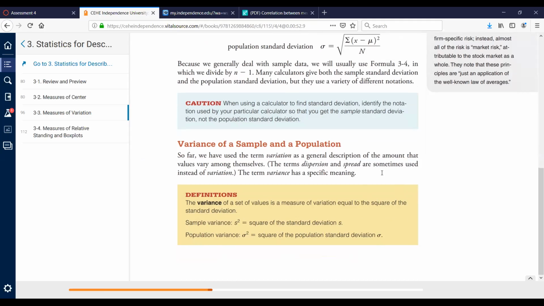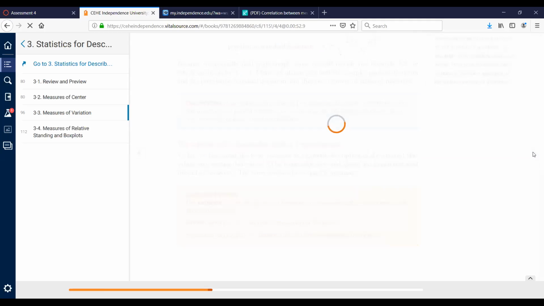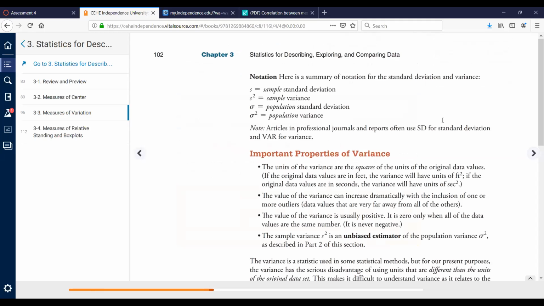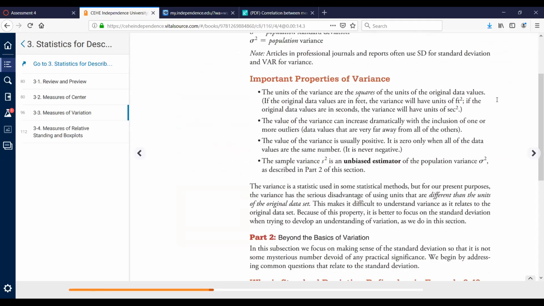Dispersion and spread are sometimes used, but variance or instead of variation. The term variance has the definition of noting that it's an unbiased estimator. When we have samples, we have a biased data set because we haven't included everyone.